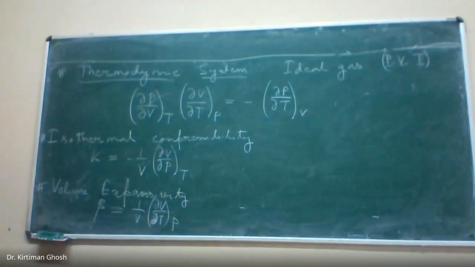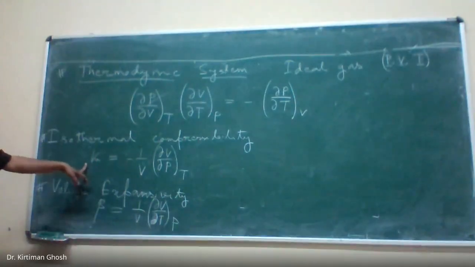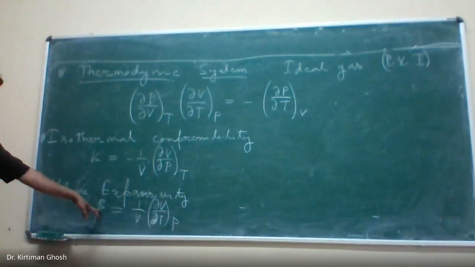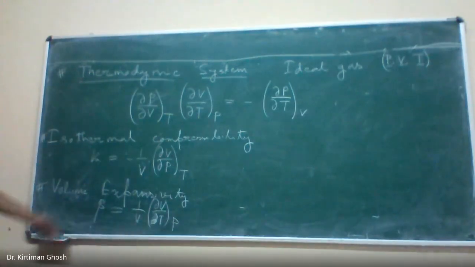Okay. So now, this is the definition of kappa, which is isothermal compressibility, and this is the definition of volume expansivity, which is the beta. This is the definition of kappa and beta.